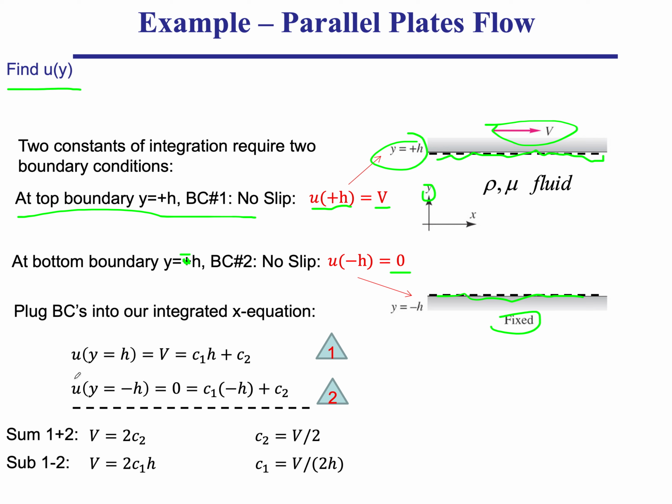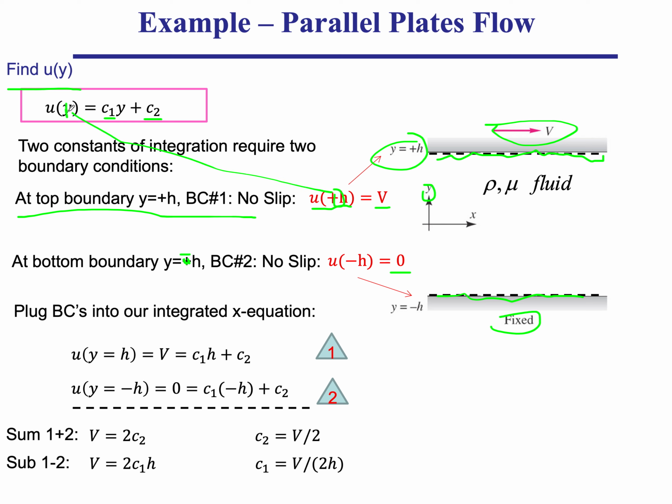Right, so let's plug those back into the equation that we started with before. This is our C1 and C2. So we'll take U at plus h equal V. So plug in h here, and you plug it here.